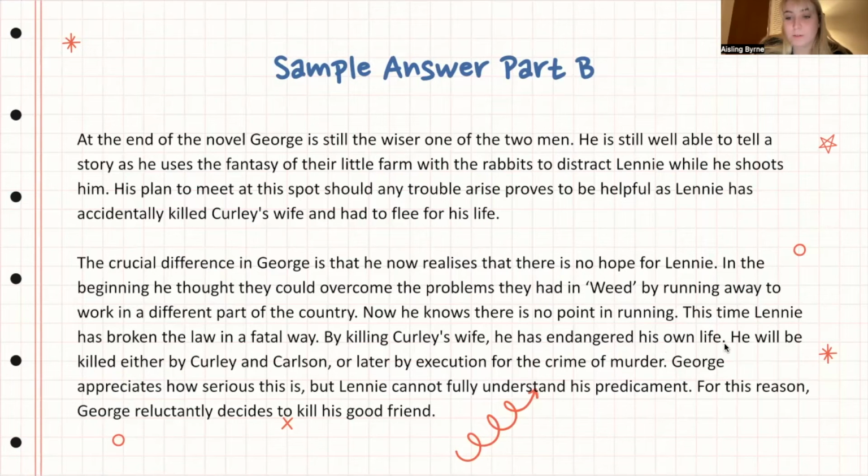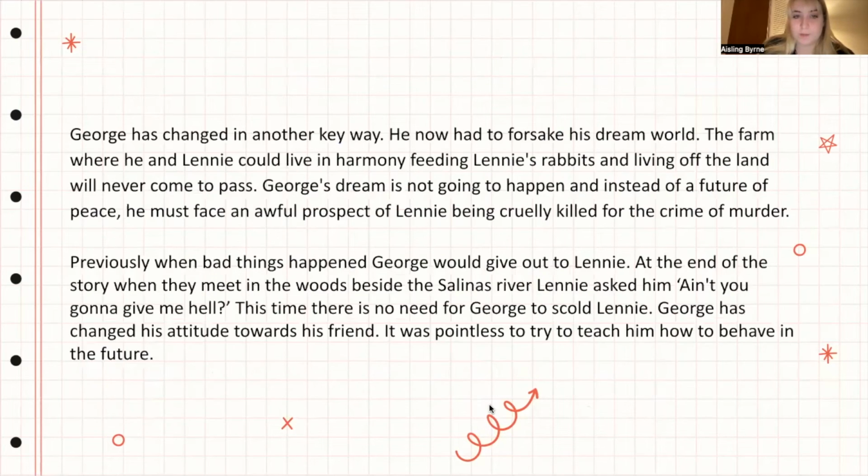He has endangered his own life. He will be killed either by Curly and Carlson or later by execution for the crime of murder. George appreciates how serious this is, but Lenny cannot fully understand his predicament. For this reason, George reluctantly decides to kill his good friend.